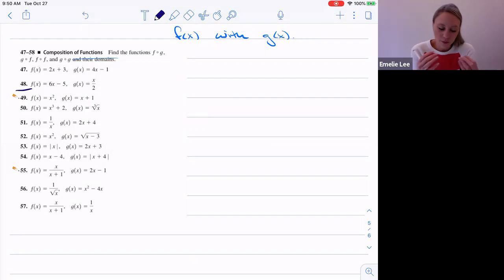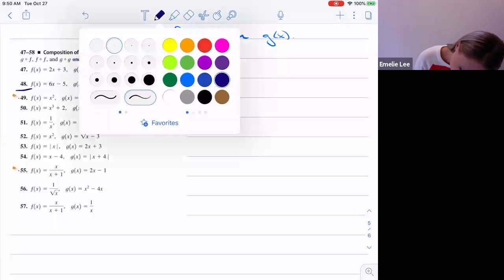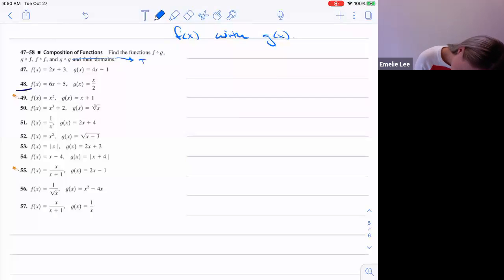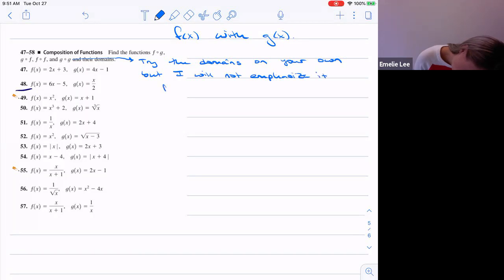Right, the key thing is if you're putting g of x into f of x, if there are restrictions on the domain of f of x, then you have to apply those restrictions to g of x. But try the domains on your own, but I will not emphasize it for compositions, right?